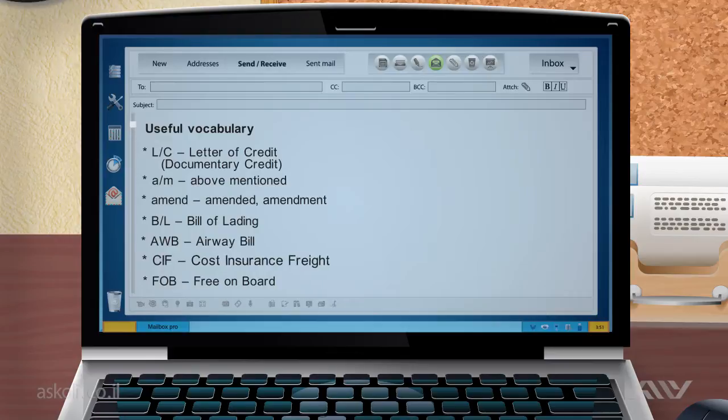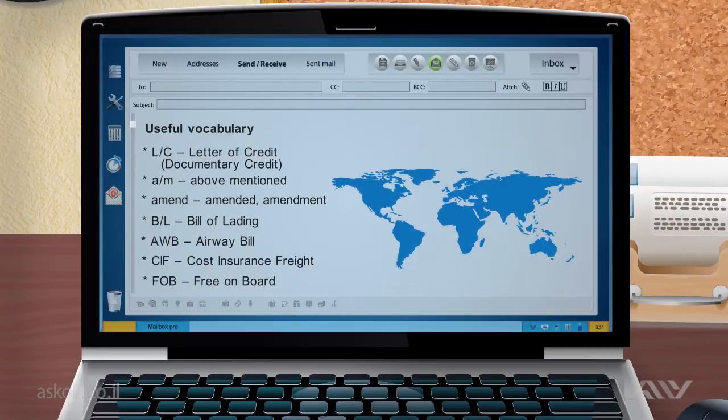Basically what CIF, cost, insurance and freight, means is when you ask a supplier in Spain, please send me a quotation for the goods CIF Ashdod, it means don't tell me how much the goods cost in Spain, that doesn't help me. If you could calculate and tell me how much it costs to bring to Ashdod, that's what's important.